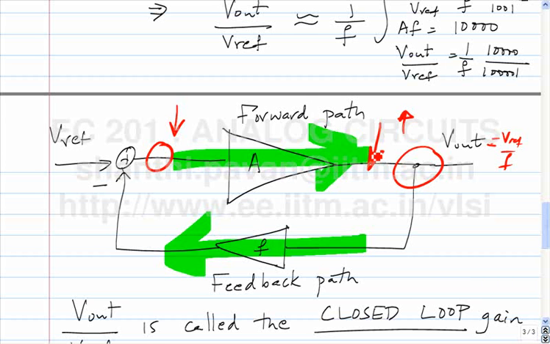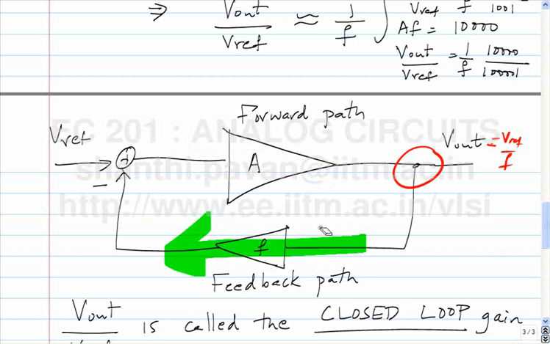Does it make sense? Now if you have a loop, one thing you must understand is that life doesn't come in block diagrams. You will not have, for example, in an electronic circuit, a black box which is saying Vref minus F times VO. You will not have a black box with a label on it called forward amplifier.